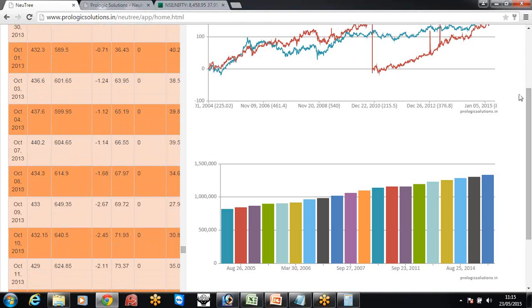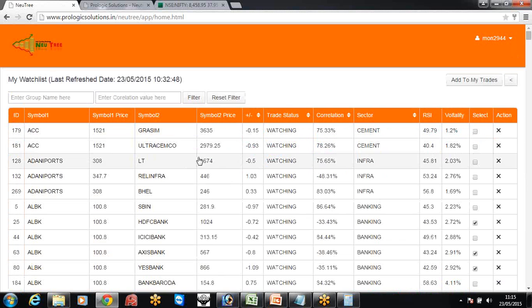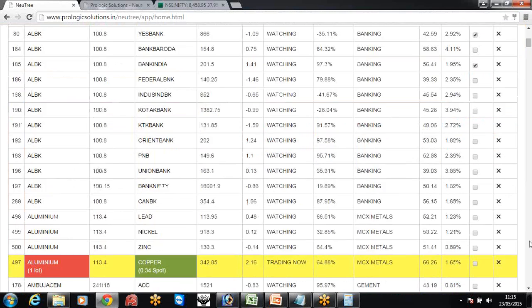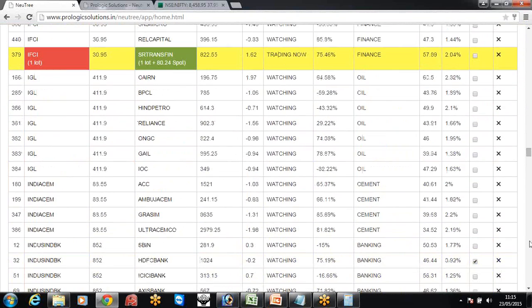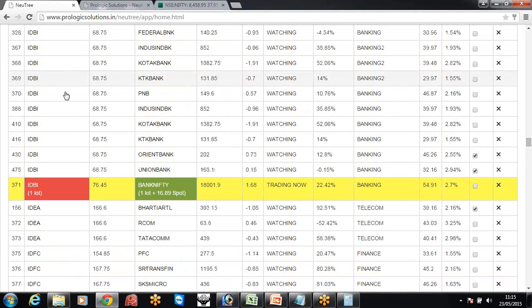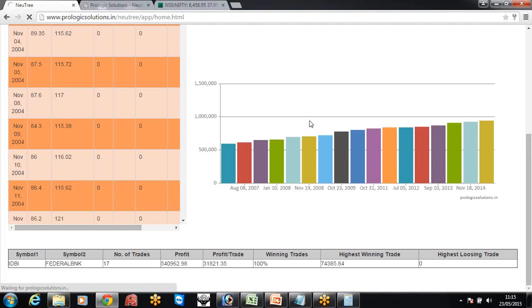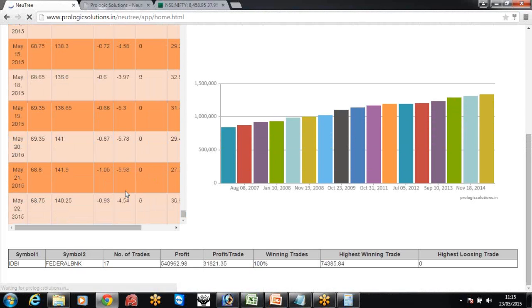So the recent 100% winning trade that I had posted was IDBI and Federal Bank. I will show you that. This trade happened last month. That's again a 100% winning trade.